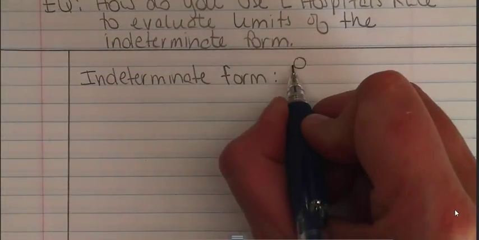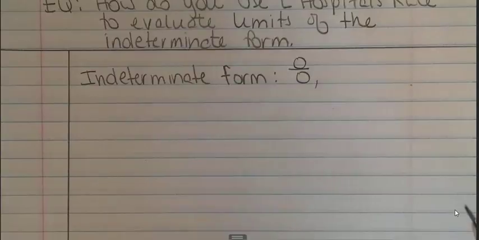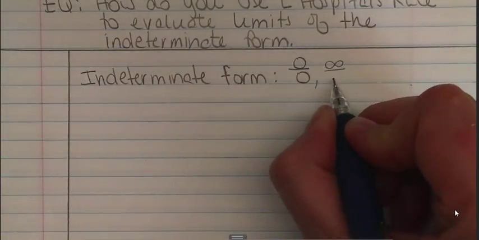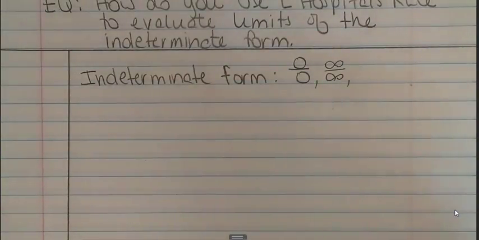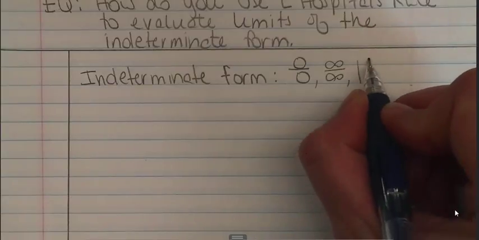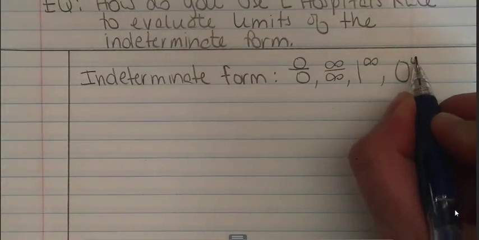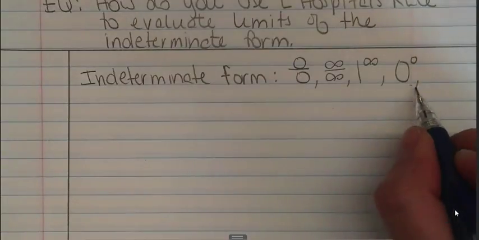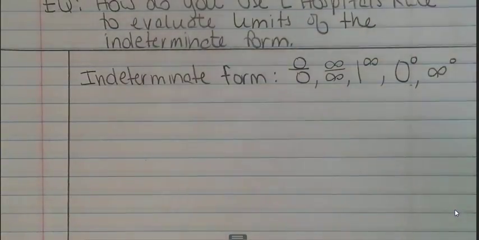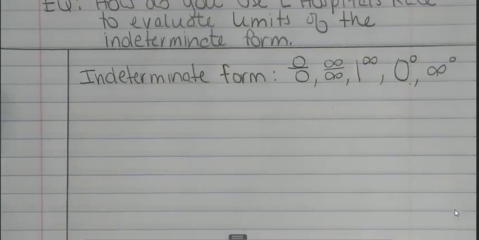So like if I end up with 0 over 0, if I end up with infinity over infinity, maybe I end up with 1 to the infinity power, maybe I end up with 0 to the 0 power, or maybe infinity to the 0 power. All of these take on the indeterminate form, meaning that they don't have a value. So if that happens, there is this thing called the L'Hôpital's rule that uses calculus to help you evaluate it.